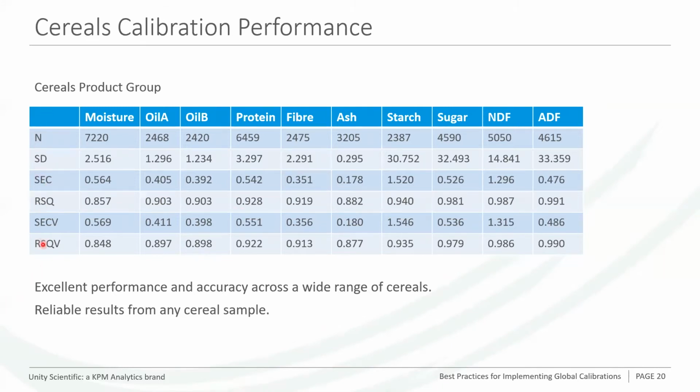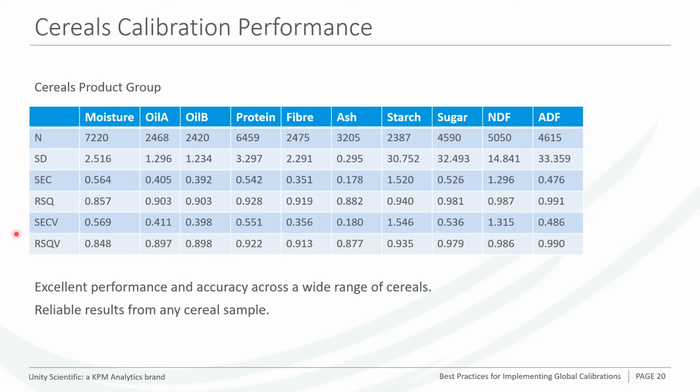On the left-hand side, we've got some calibration statistics: number of samples, standard deviation of the reference set, and a couple of statistics for the calibration, standard error of calibration and the R-square. These are fit statistics.